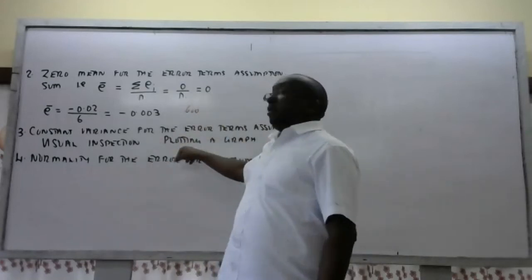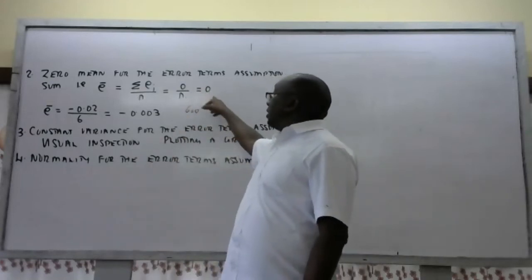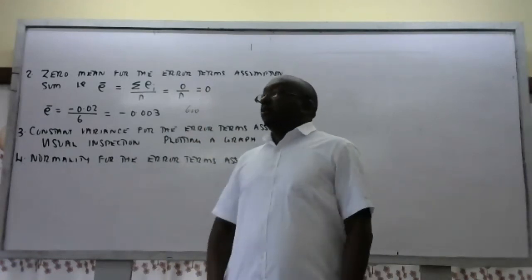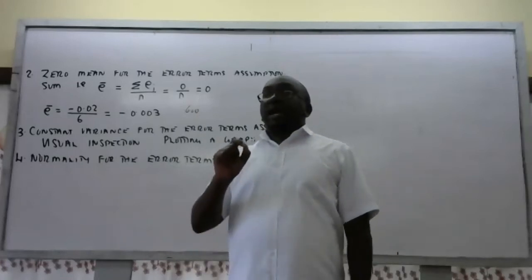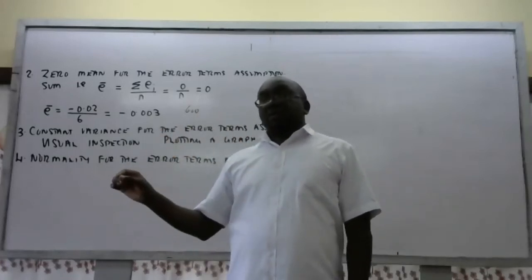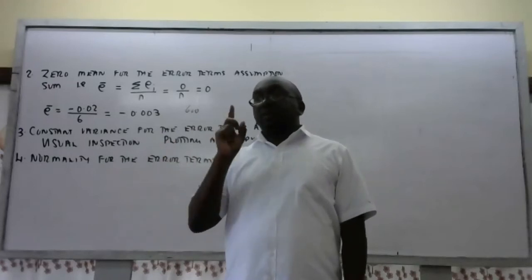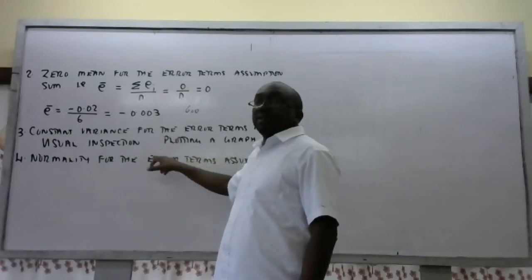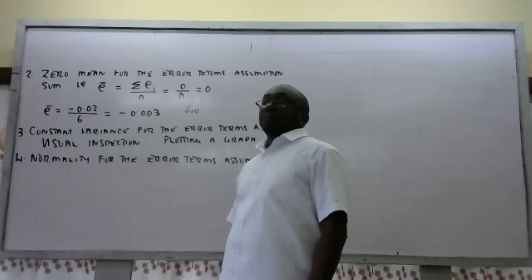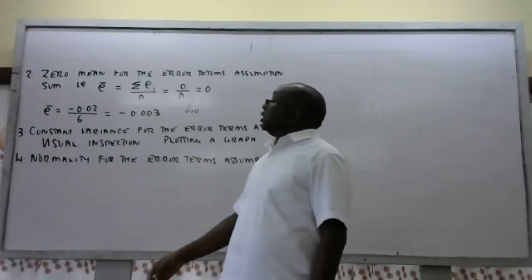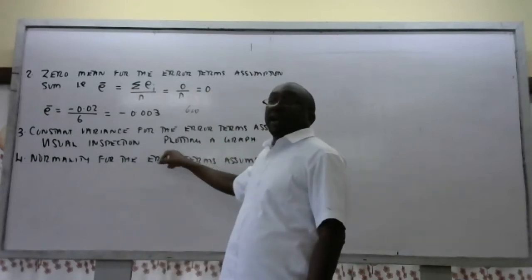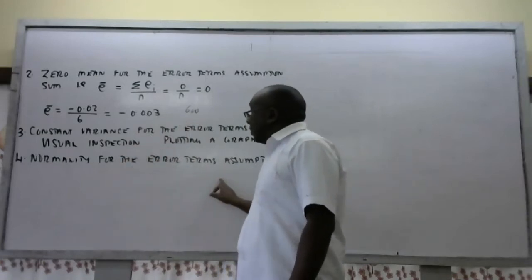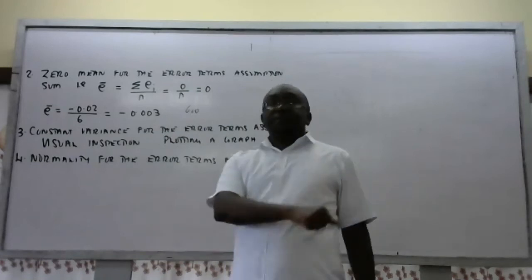This one says we have a mean of 0, and this one says we have a standard deviation of 1. If you remember your QA, then you know that those are the cardinal characteristics of a normal probability distribution. It should have a mean of 0 and a variance of 1. So if these hold, then it follows that the errors follow a normal probability distribution. To know whether that is the case, you compute the mean and the variance. Alternatively, if you don't want to compute, then we draw a graph and see whether it looks like a normal curve.